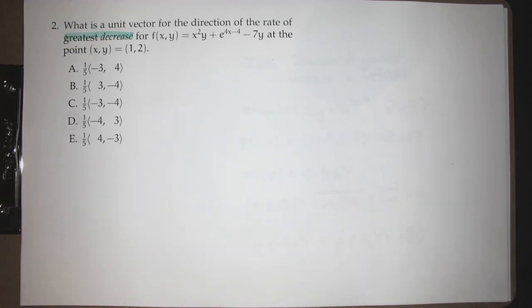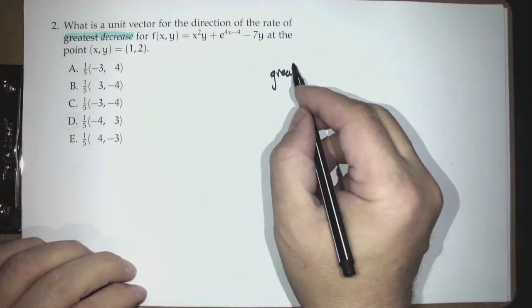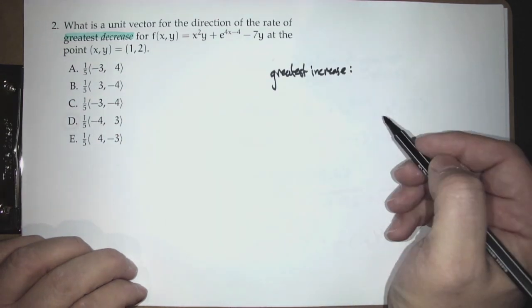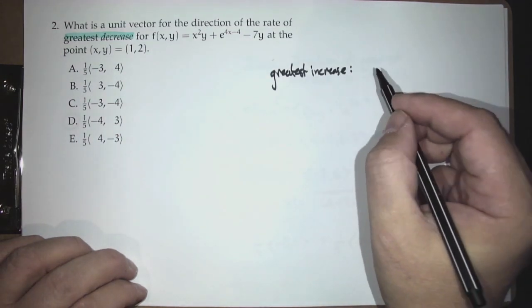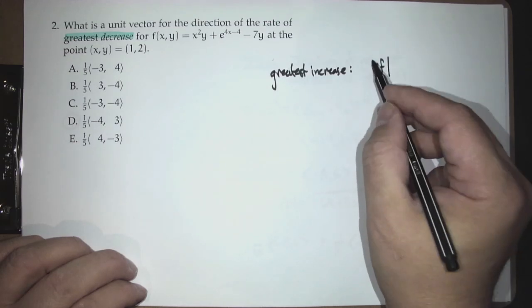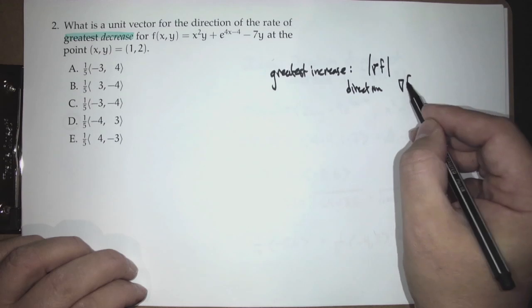So let's remind ourselves of some properties of the gradient. If I want greatest increase, the magnitude is the value, and the direction would be just the gradient vector.